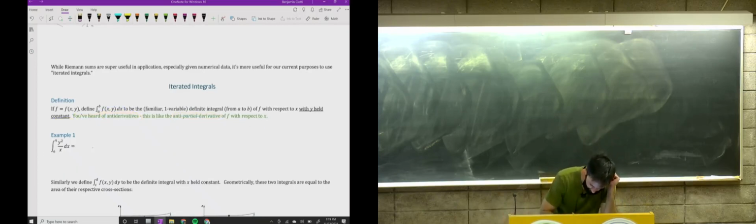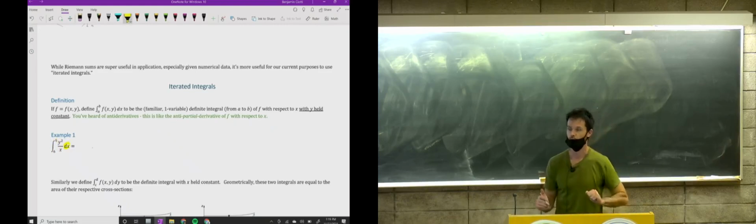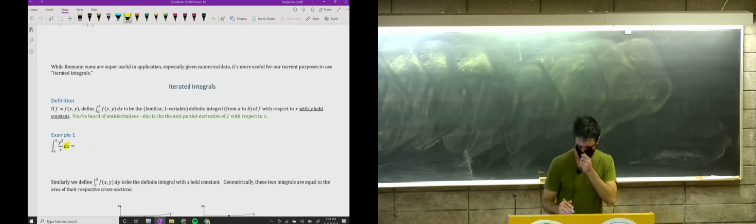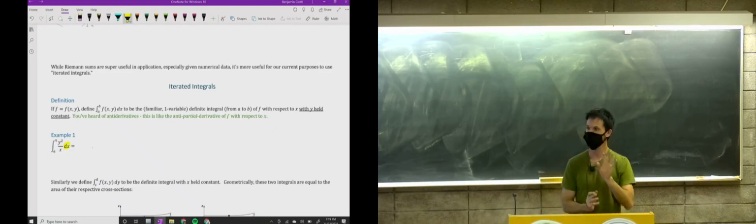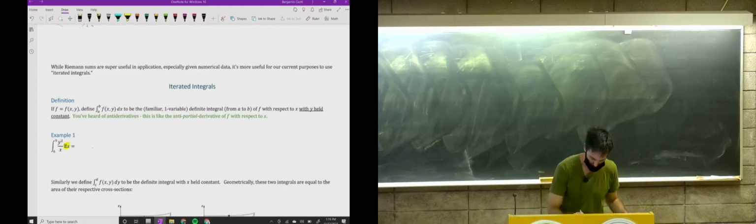How about the integral from 6 to 9 of y squared over x dx? So the dx symbol here is important. It tells you what you are integrating with respect to, which means you should hold everything else fixed. So in this case, we'll hold the y squared fixed, which means we could pull the y squared out in front because it's like a constant.